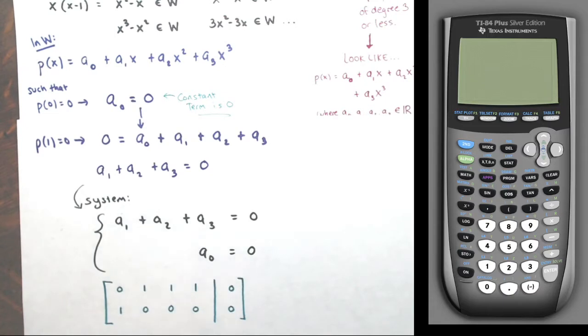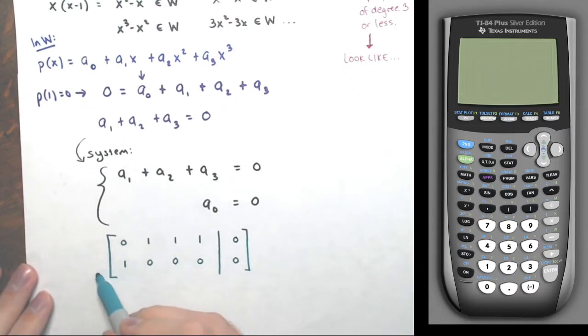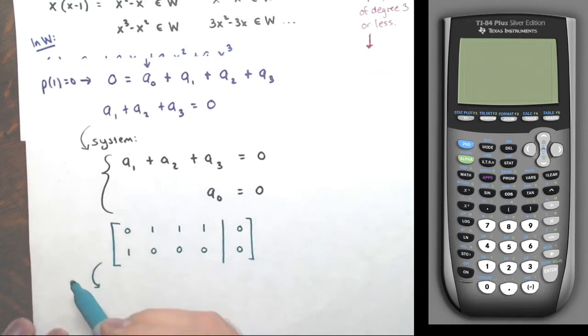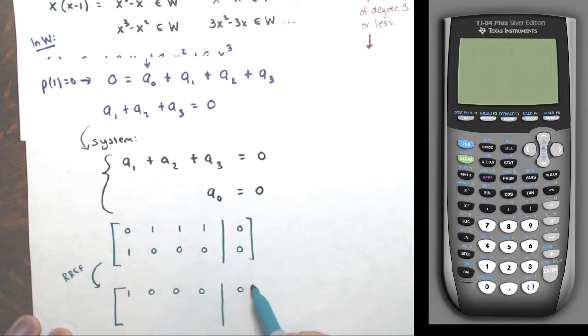And then I put this in reduced row echelon form. Now that would be very simple. In fact, I don't know why I wrote it this way. If I switch the rows, it'll be in reduced row echelon form. So 1, then a bunch of zeros, and then 0, 1, 1, 1, 0.